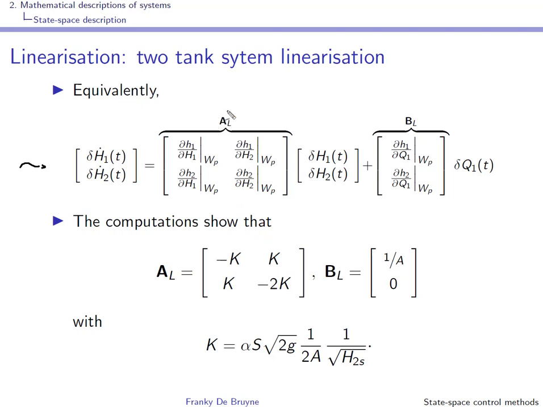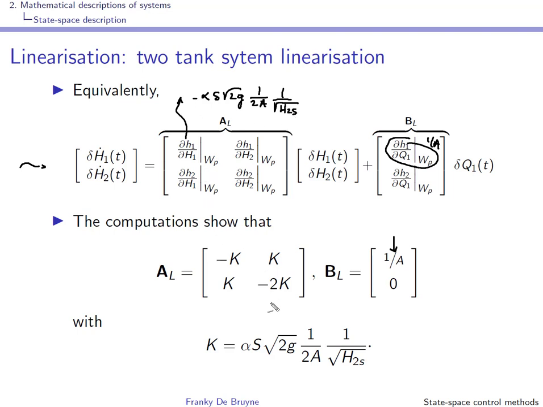And what we see here appearing is AL, the state matrix of the system that has been linearized around the nominal working point, and here BL. We have computed it, that this one was 1 over A. This is what we see over here, and this one was minus alpha S square root of 2G over 2A times 1 over the square root of H2S.